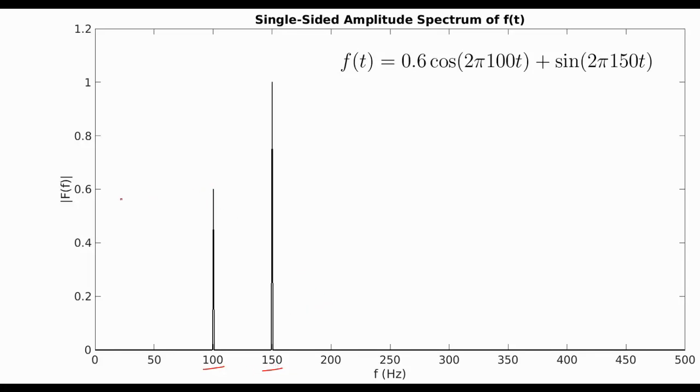And now let's look at the amplitude. The amplitude of the first peak is 0.6, and this corresponds to 100 Hz, and that is exactly the amplitude that we have in the signal.